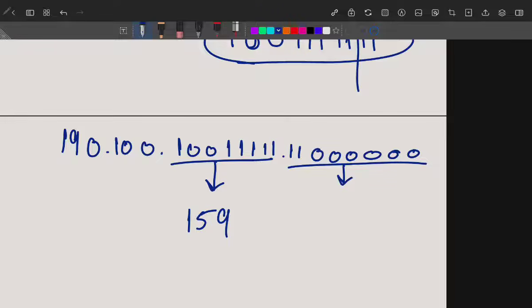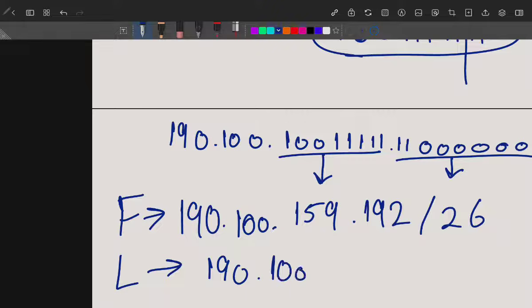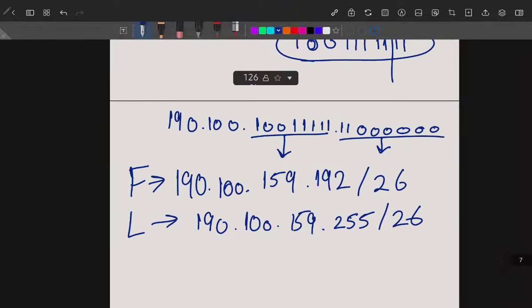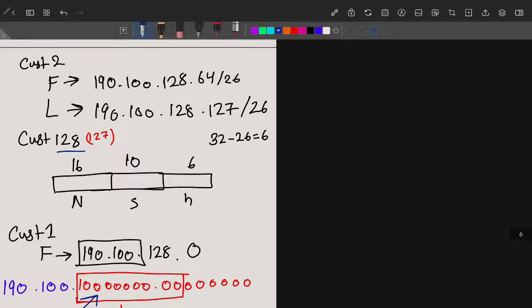Convert this number to decimal, you get 192, and then put in your rest, /26. This will be the first address. Last address would be 190.100.159 point, so 192 plus 63 would be 255/26. And this was for customer 128.